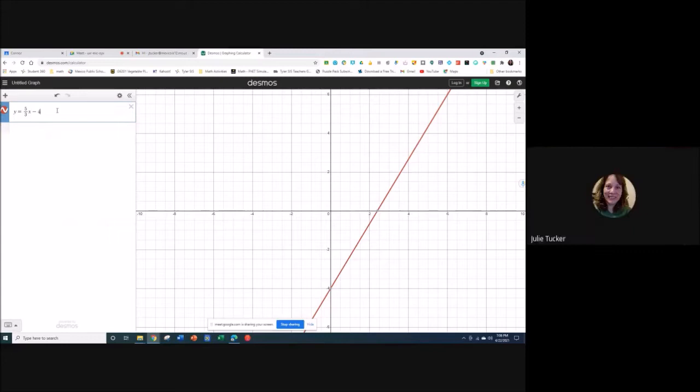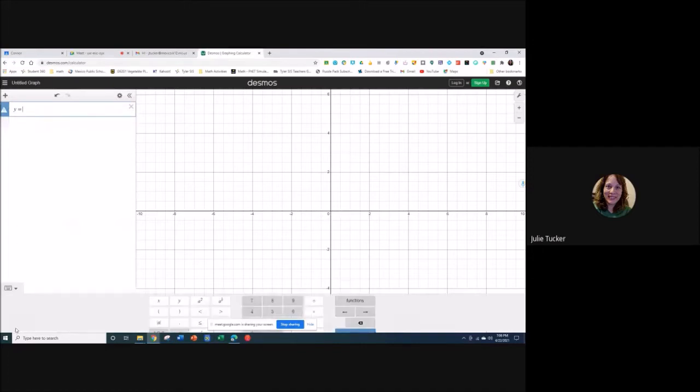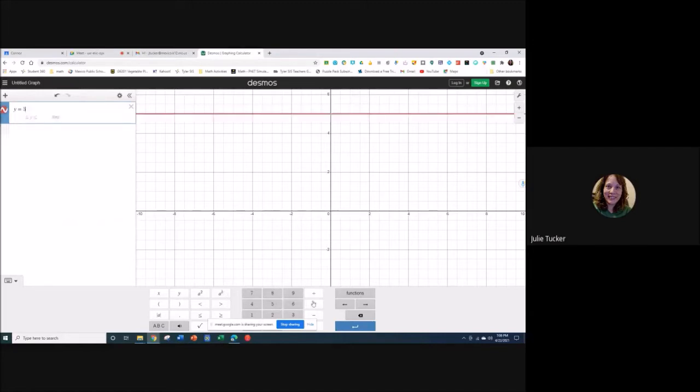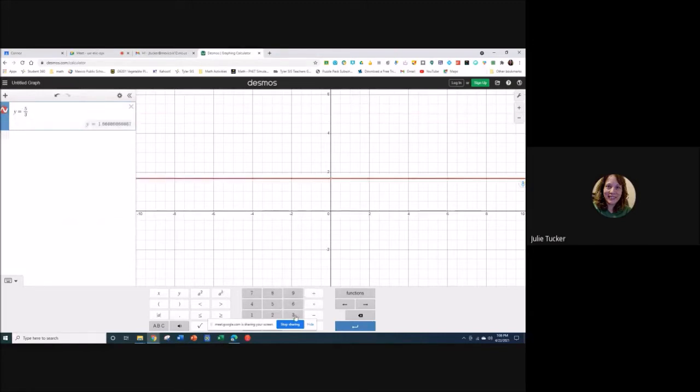No. Is it because the X is not where it needs to be in the equation? I wish I knew what your keyboard looks like, then I could tell you some other way to push a button. Let me try one more thing, doing it this way. 5 divided by 3.